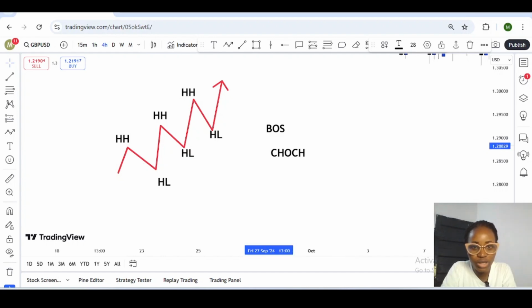But we are going to go with the name change of character. But just have it at the back of your mind that change of character is the same as market structure shift. So to understand what is called a break of structure and a change of character, we are going to set a rule that will help us to understand when the market has given us a break of structure and when the price has given us a change of character.